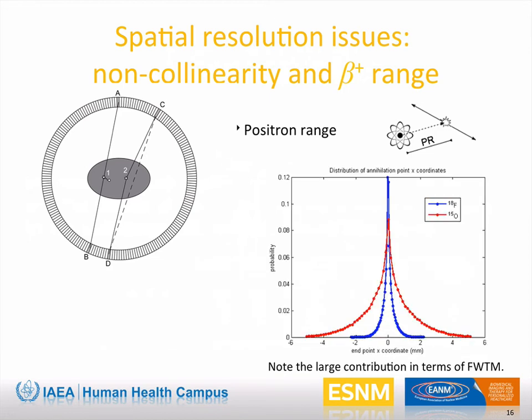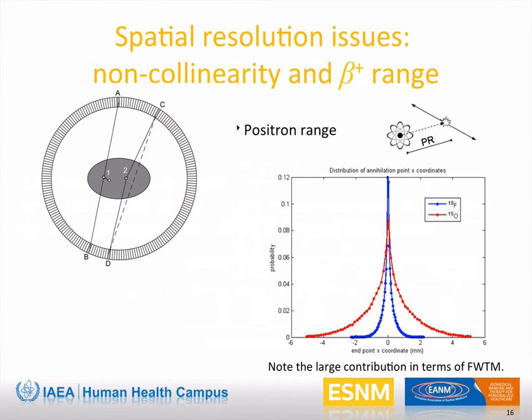To have an idea of the contribution of the positron range to the spatial resolution, and in particular the contribution to the full width at half max of the reconstructed PET image, one can remember that the final contribution will be the convolution of all the other terms, with the distribution of the annihilation points, as reported in this plot, for two typical PET radioisotopes.